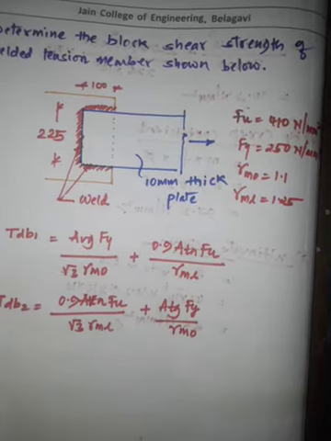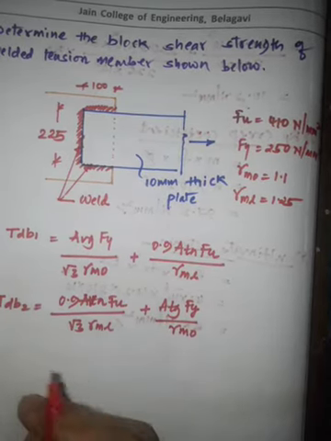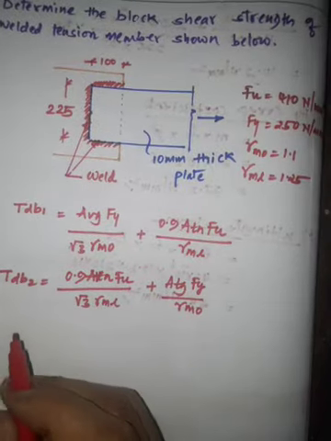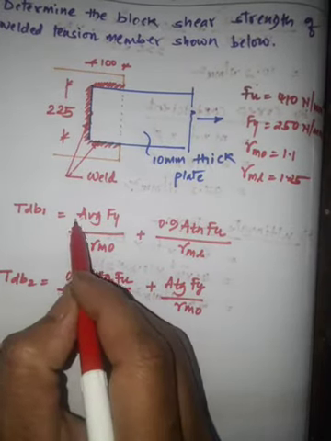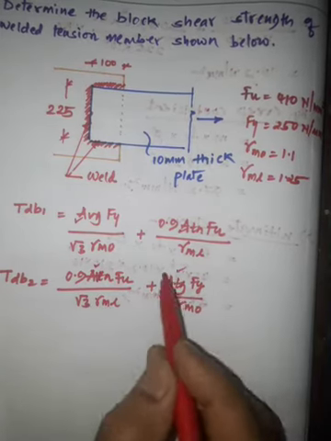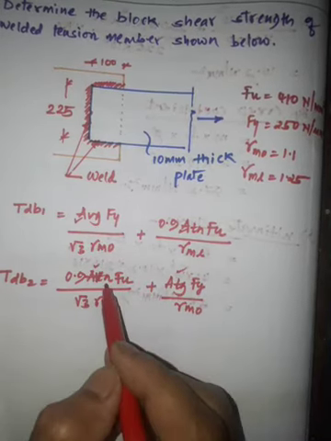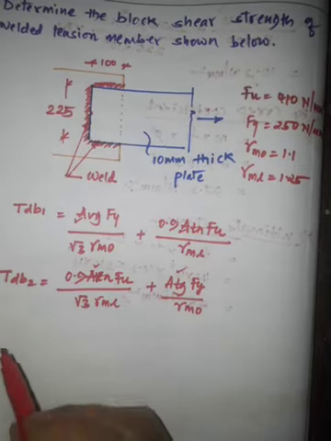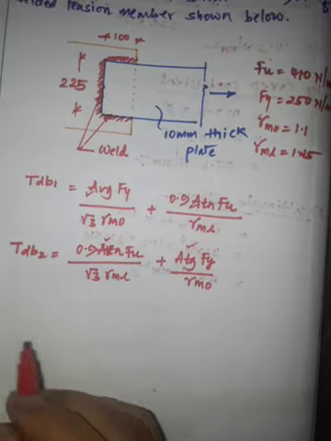So the important thing is we have to find out AVG, AVN, ATG and ATN. We'll calculate them one by one.